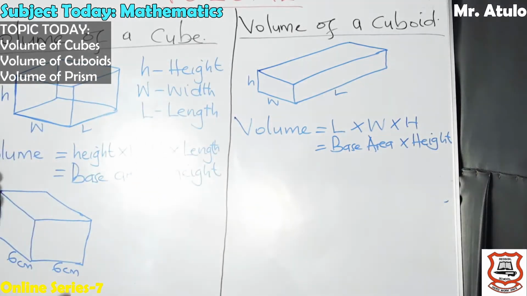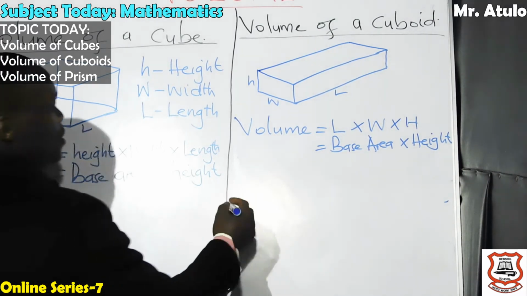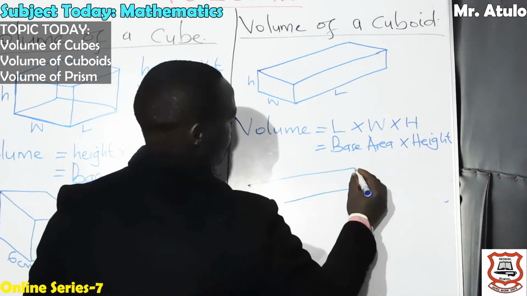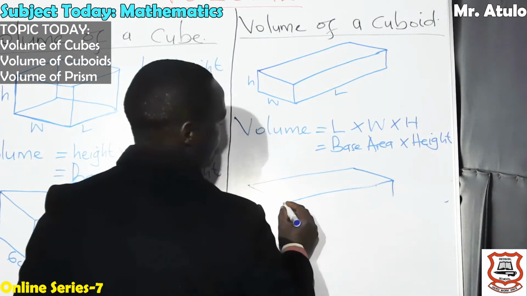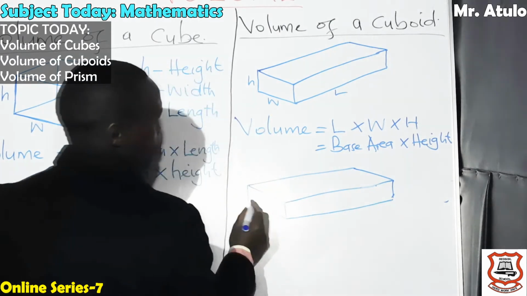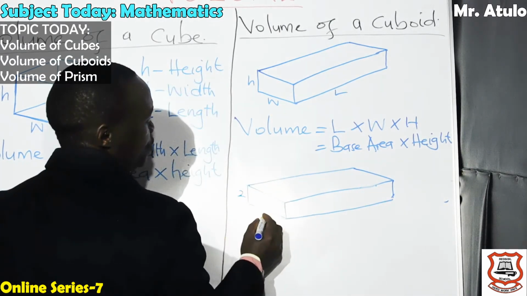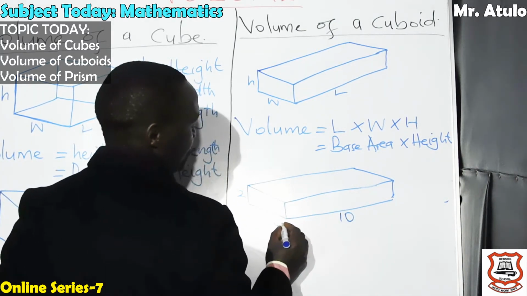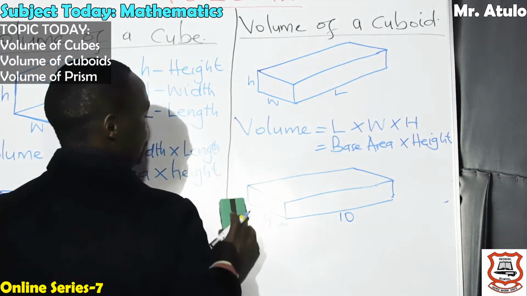Once you've written that, then you look at the units used. Like in this case, if we were to give our figure some units, let's say this is 2, this is 4, and this is 10 centimeters.